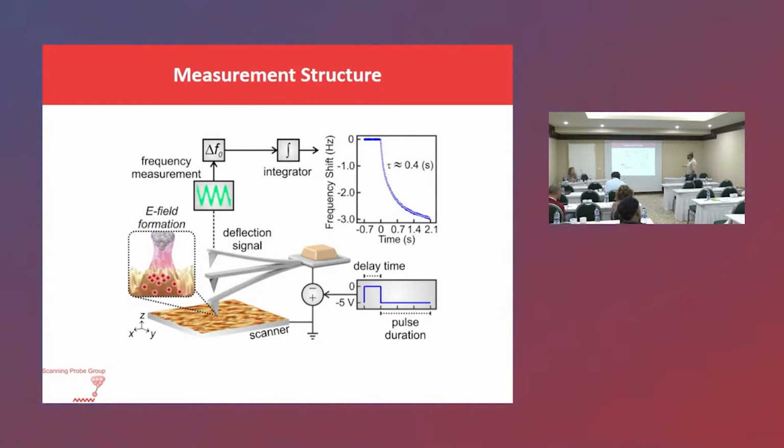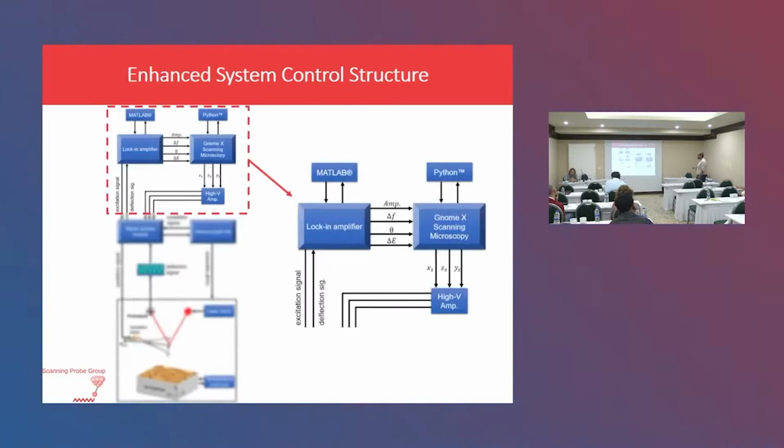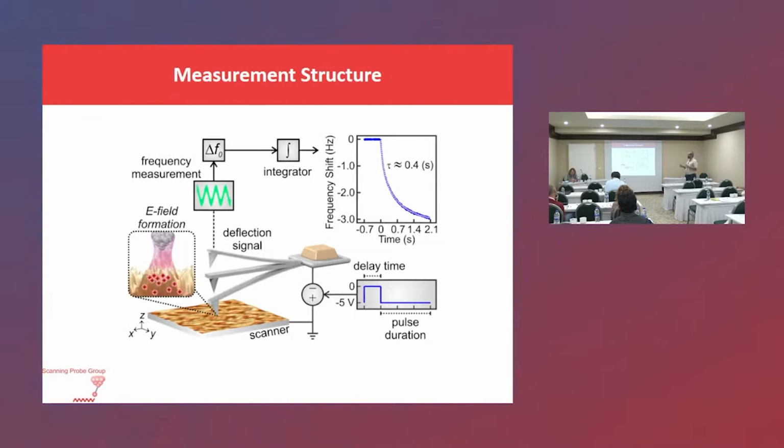And when we apply the electrical pulse to our material, we actually create an electric field within the proximity of the cantilever. And when we create this electric field within the proximity of our cantilever, we have a time-dependent Coulomb interaction within the surface.